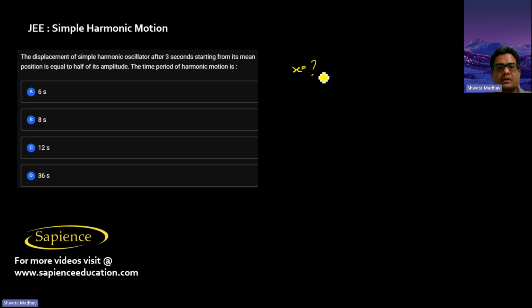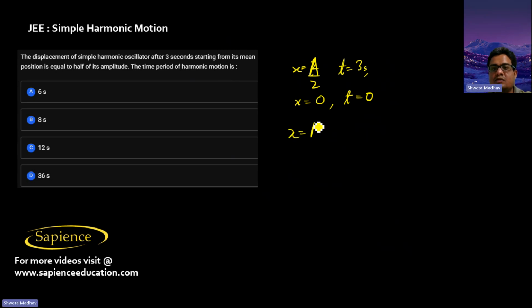So at t equal to 3 seconds, starting from its mean position, the displacement is half the amplitude. Means x is equal to a by 2 at t equal to 3 seconds, and at t equal to 0 it is starting from its mean position, means the displacement is 0 at t equal to 0.